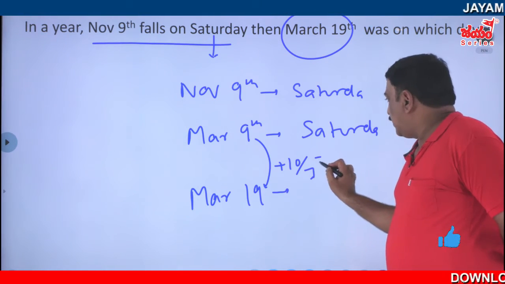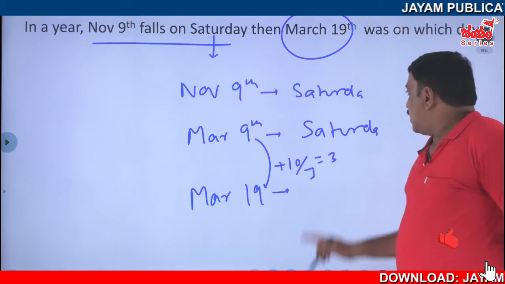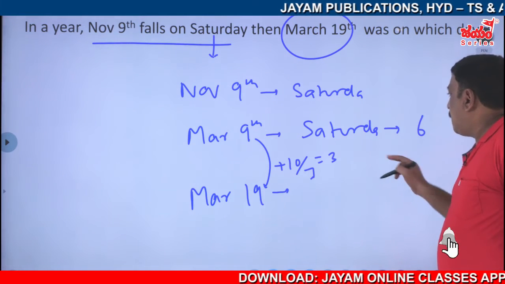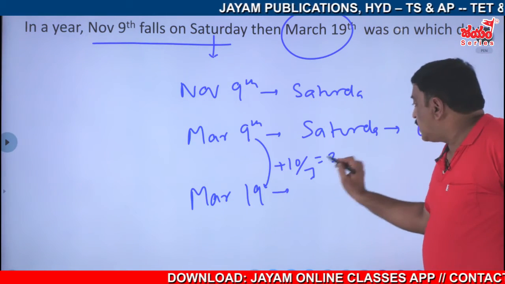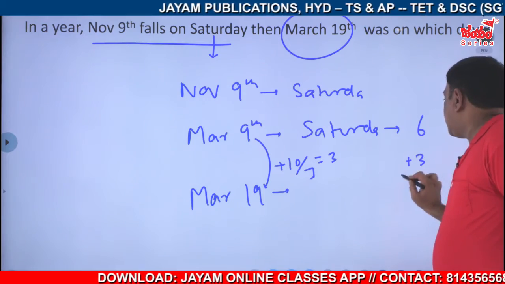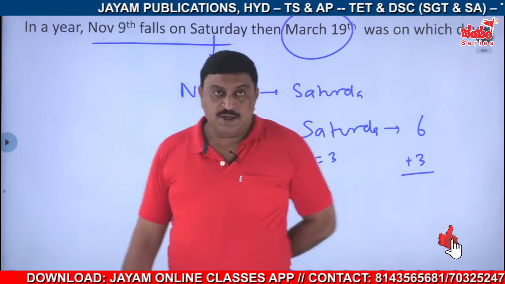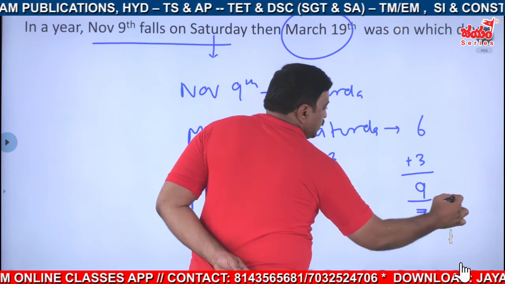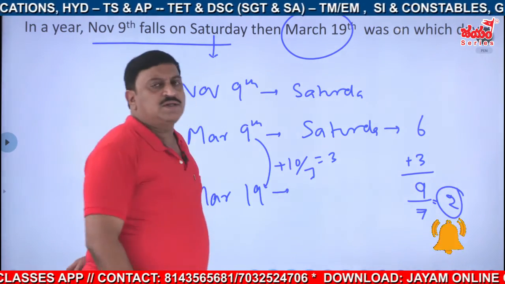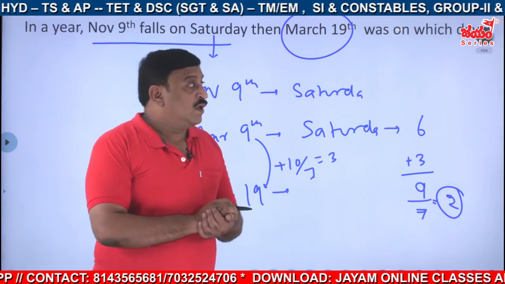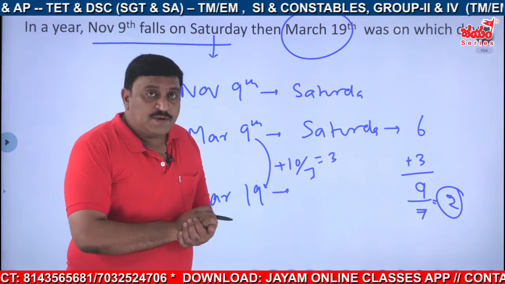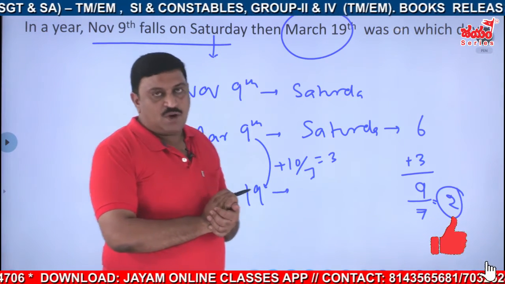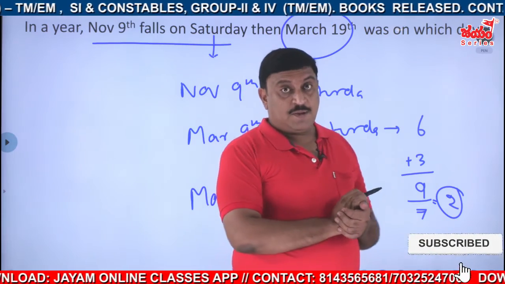Saturday the code is 6. 6 plus 3, here plus 3, means 9. 9 again divided by 7, that is 2. 2 means it is Tuesday. Have you got Tuesday in the previous one? Definitely. So this is the concept of same calendar.